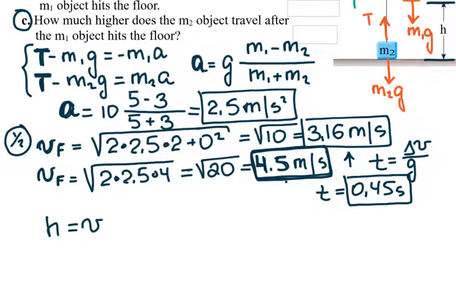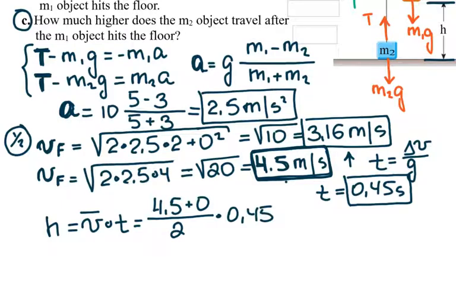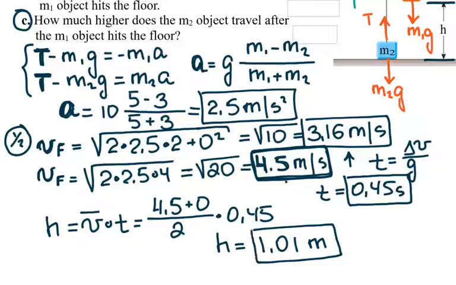I need the average velocity times the time. So initial velocity of M2 is 4.5, final velocity when it stops is 0, divided by 2, times the time, which is 0.45. So the height to which it goes before it stops and falls down is 1.1 meters, 1 and 1/100 of a meter.